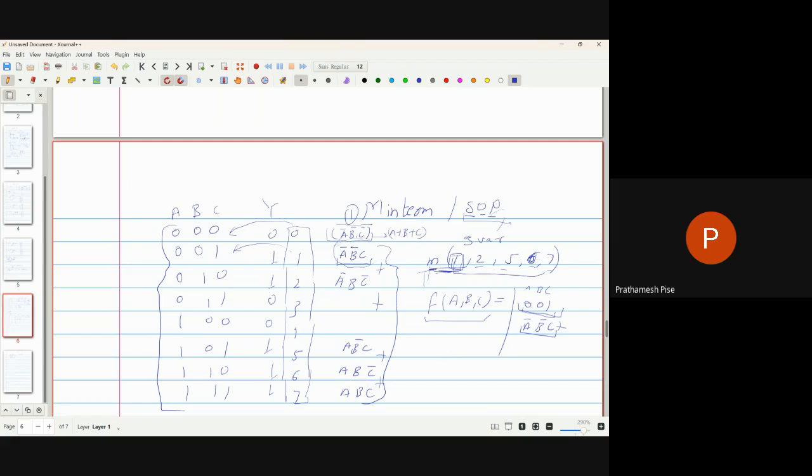So if we want to do max term of 1, it will be A plus B plus C bar, because C is 1, we will complement it, which will create 0. And the addition of all these 3 will be 0. This is the max term. This is the min term. Create all those expressions and just write a product of it. That will be the max term representation.